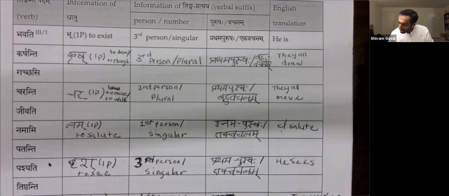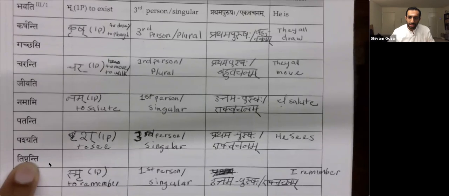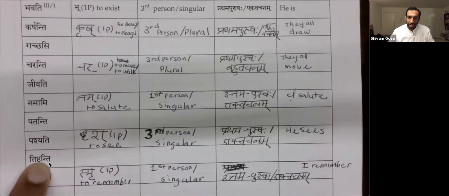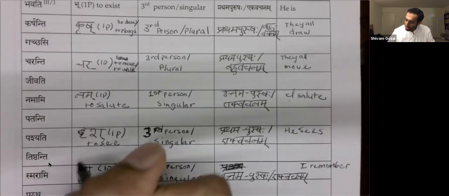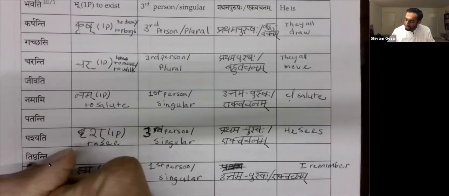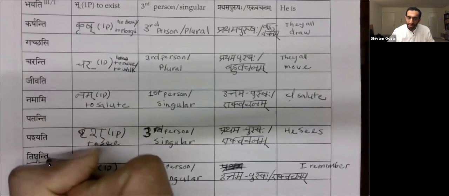Okay, someone is saying they could not find this one, tishtanti. So let's look at this. First, my guess is I see this first part is tishta, and I see anti.